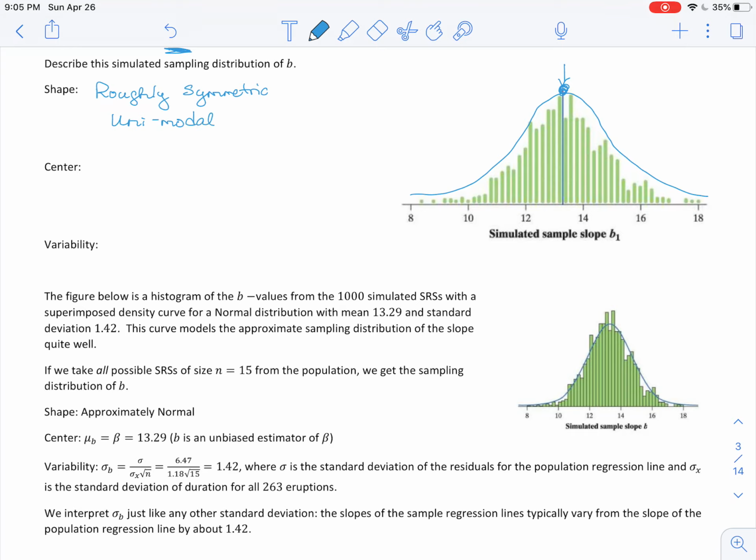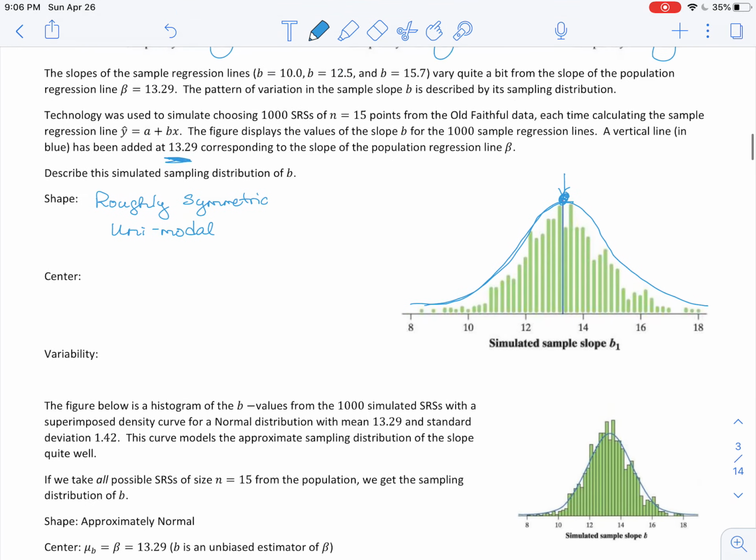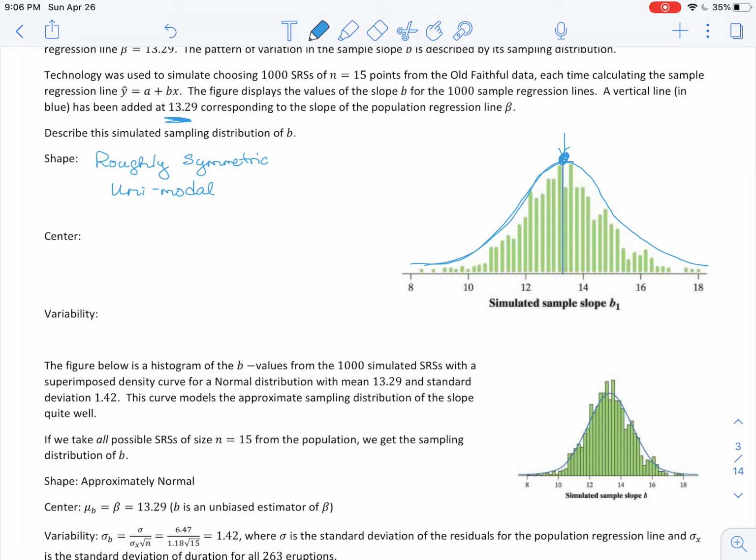Roughly symmetric. Unimodal. And then the center, the place where this peaked, is really close to that blue line value.